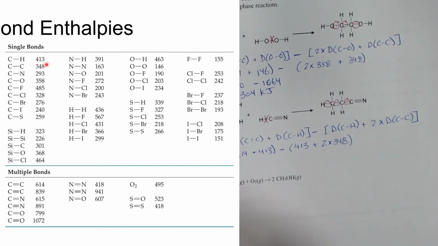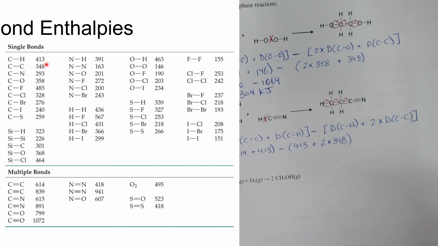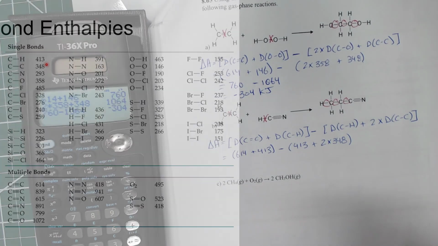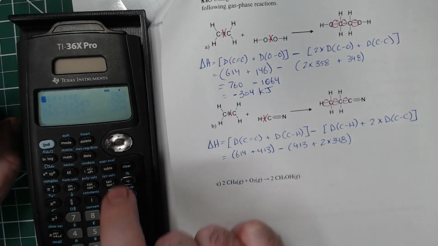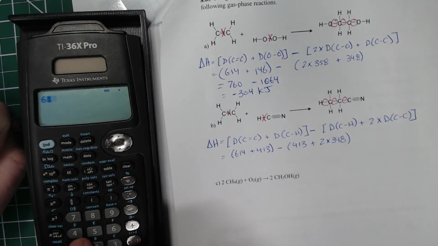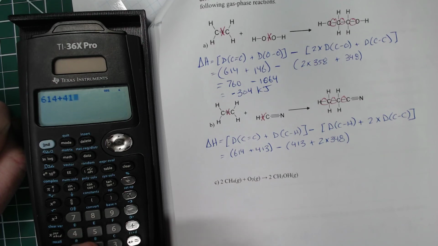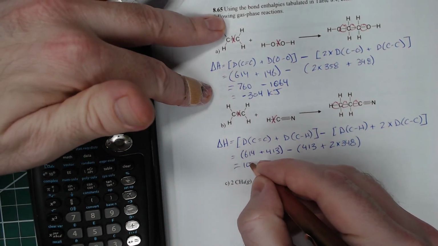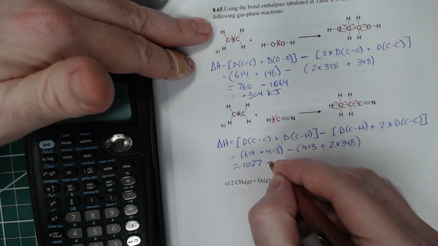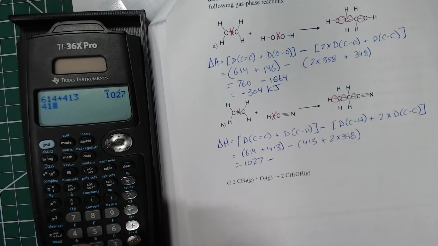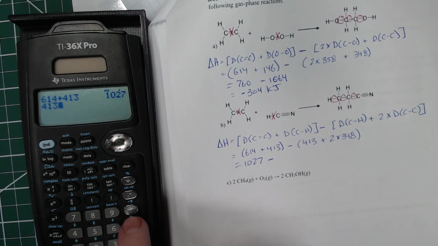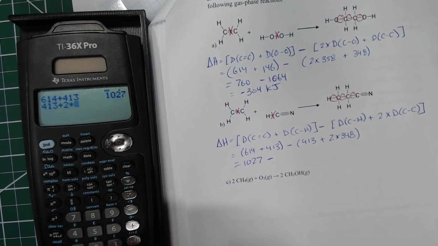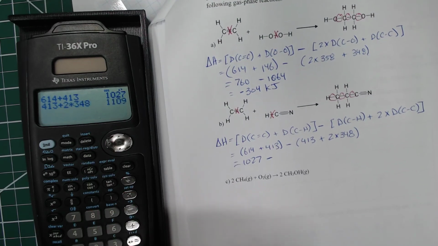All right, so go back to this. We'll clear that. We'll do 614 plus 413. That gives us 1027, minus 413 plus 2 times 348.